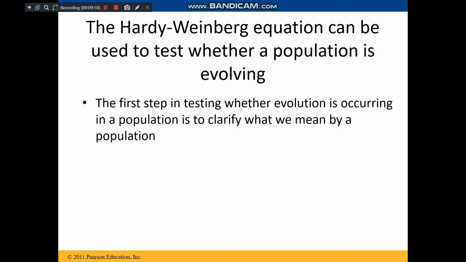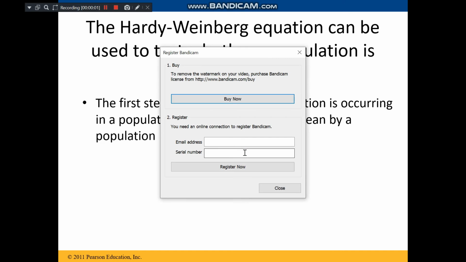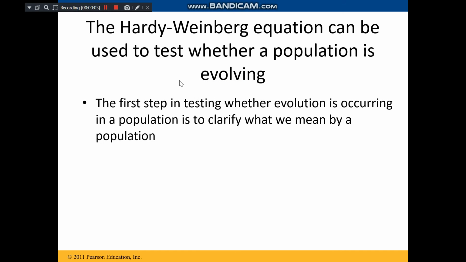Now the question is how to test whether an evolution is occurring in a population. This Hardy-Weinberg equation is generally used to test whether the population is in a static state or a fluid state.